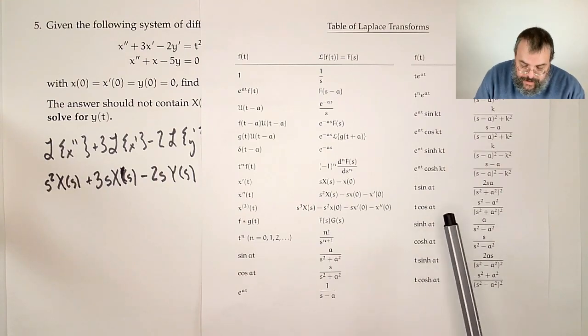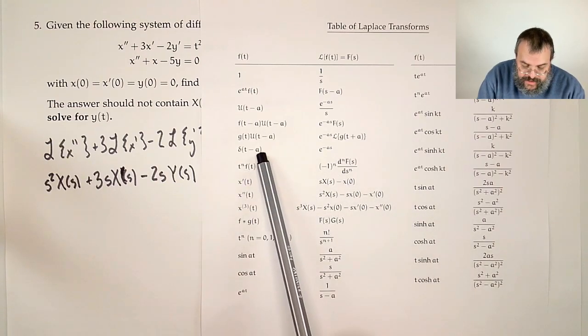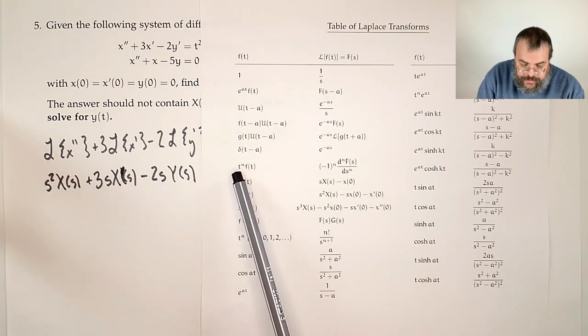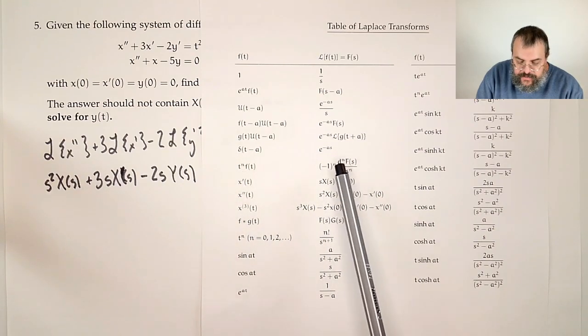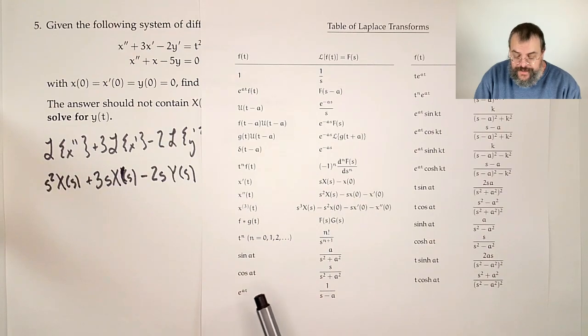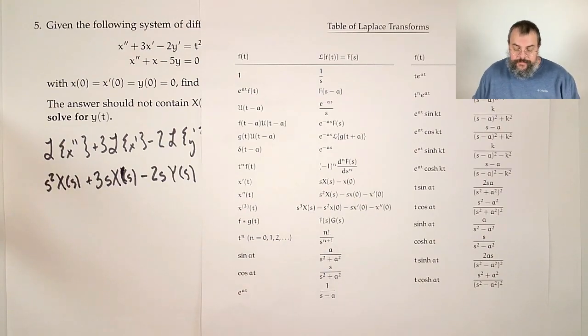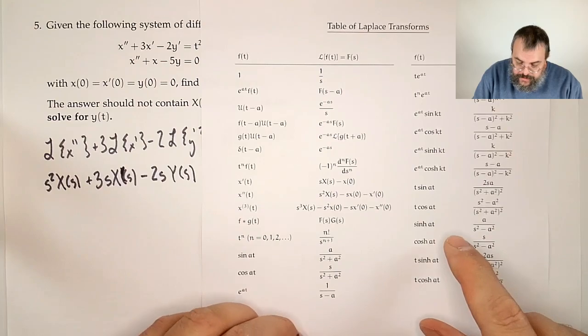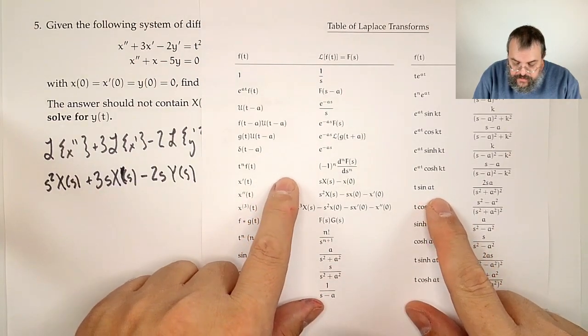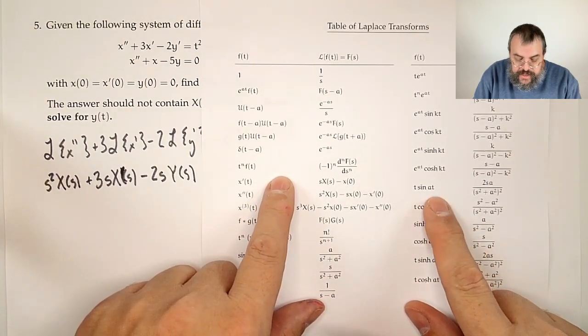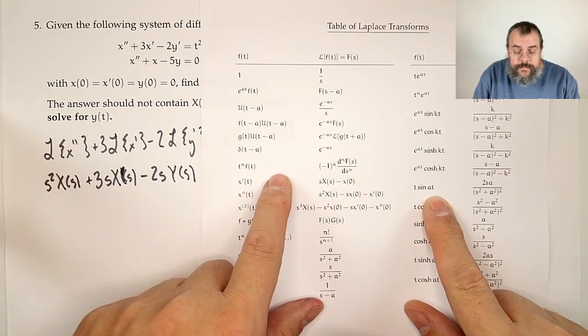And now we're like, oh, if you want to add a t, there's this rule here that says if you want to throw a t in front, it's minus the derivative. So we're going to combine these two rules. We know how to do t sine t, and we know how to add a t by doing a derivative.